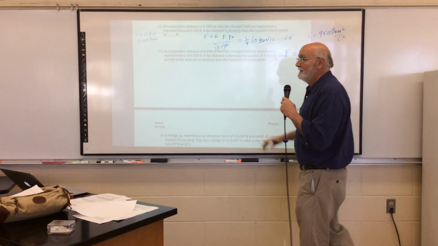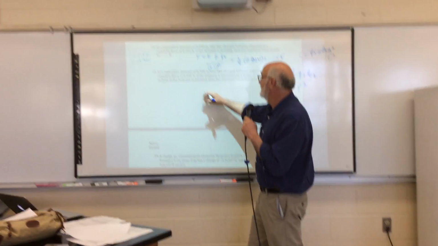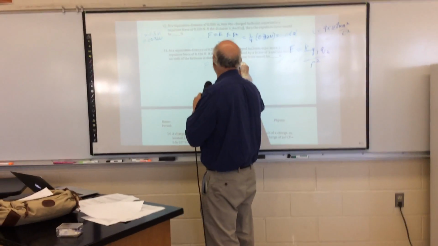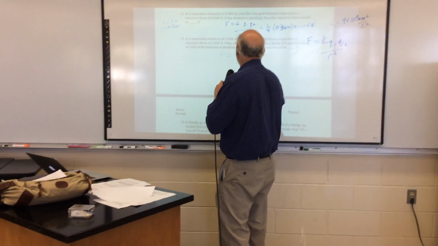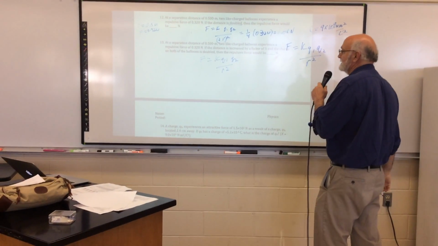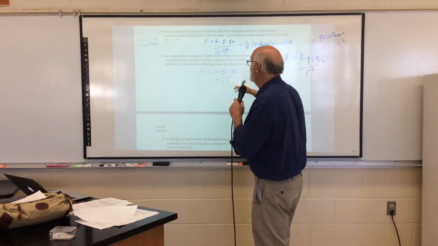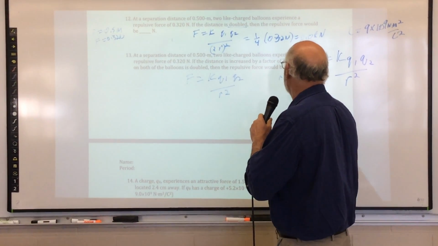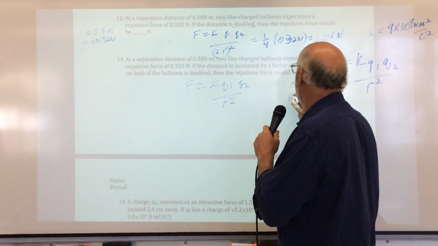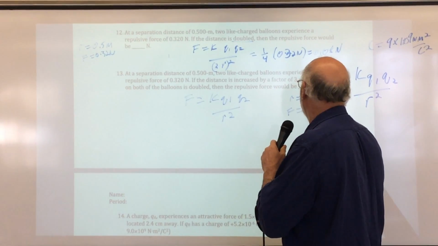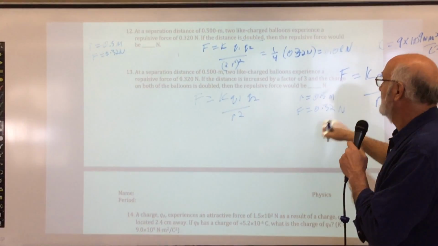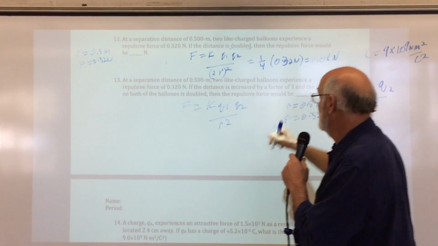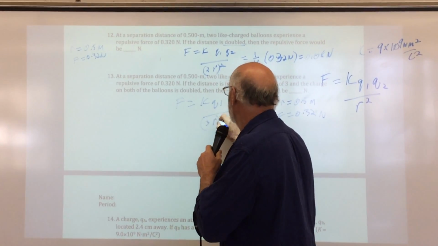Okay? This one is the same sort of trip. Once again, F equals K Q1 Q2 over r squared. It says separation of 5, so you just put the stuff in. And this will tell you if you need to actually use the equation or you're just looking at the relationships. Force, oh wait, that's the same as the last one. But now it's saying the distance is increased by a factor of 3, and you're going to square that.